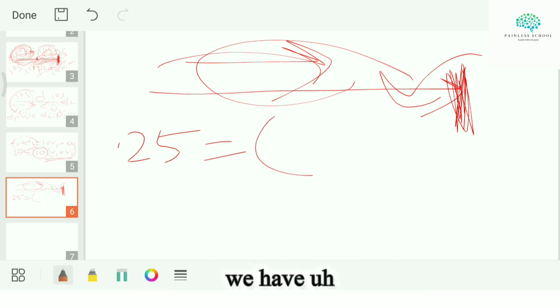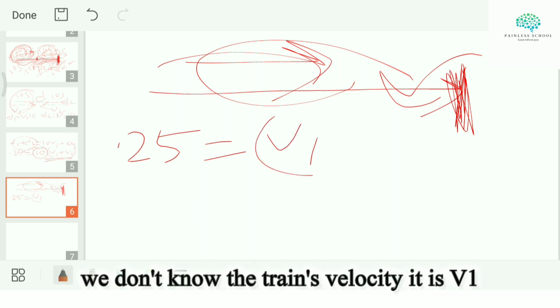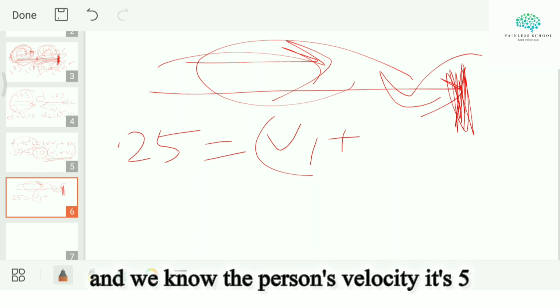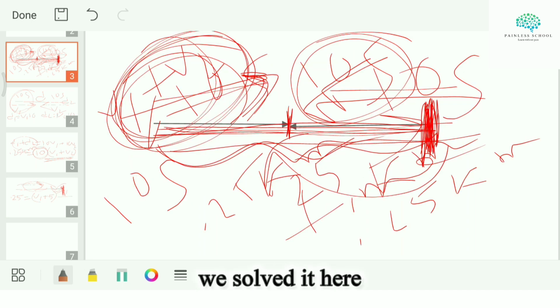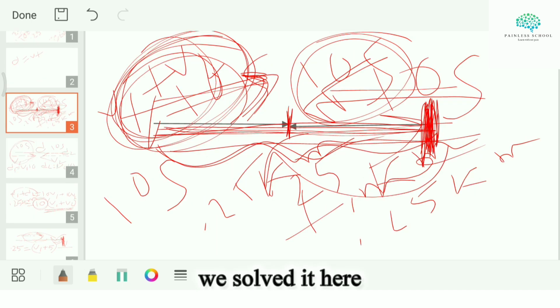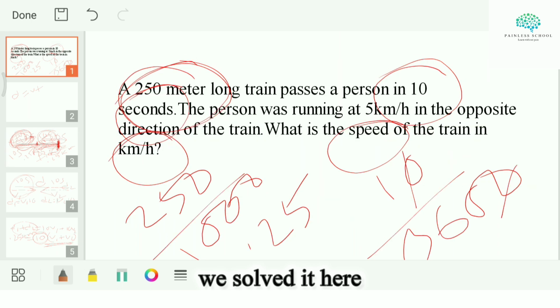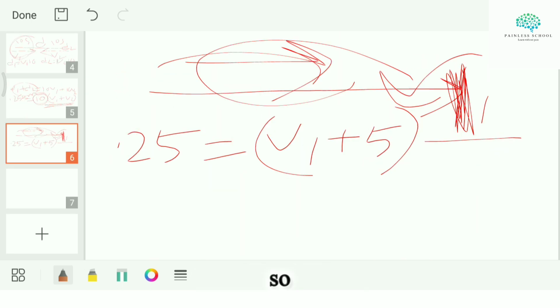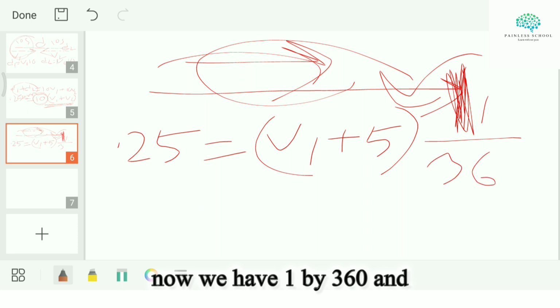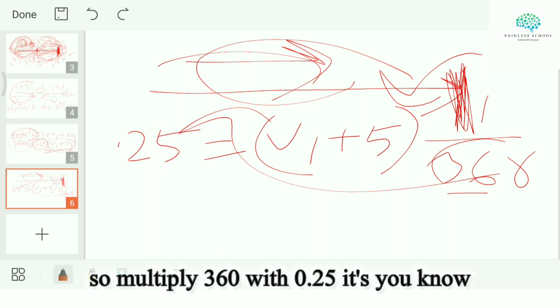We don't know the train's velocity, v1, and we know the person's velocity, it's 5, and we have time, it's 1 by 360, we solved it here. So now multiply 360 with 0.25.